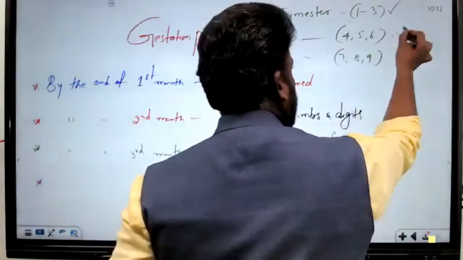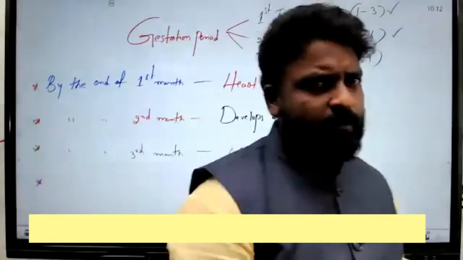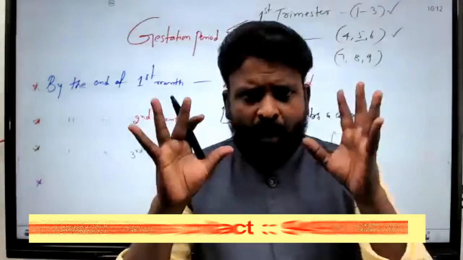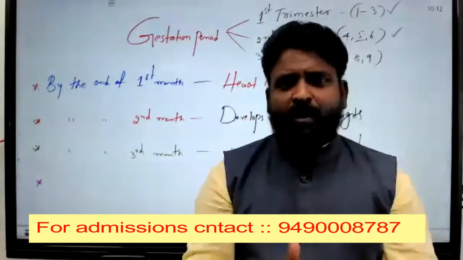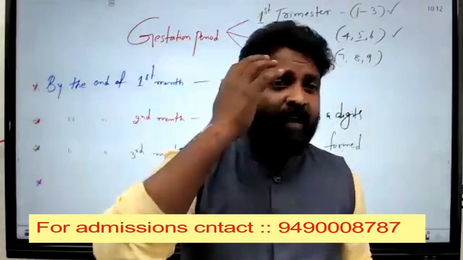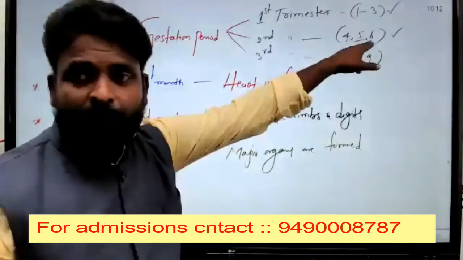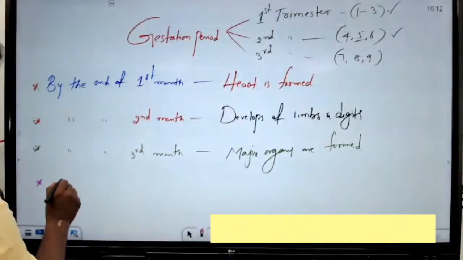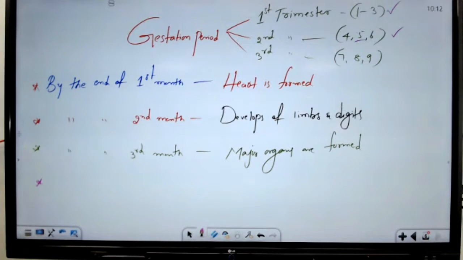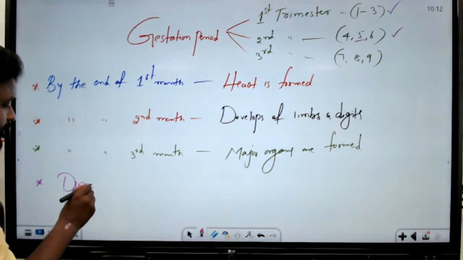Next one, in the second trimester, we discuss from the 5th month. And it's very important, students. You have to listen to me. The movement of the fetus will be observed in the 5th month of pregnancy. At the same time, hair on the head region is also found. Which month? 5th month, right? So definitely we can't say by the end, but during the 5th month.